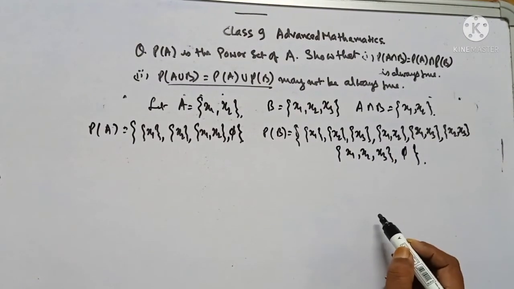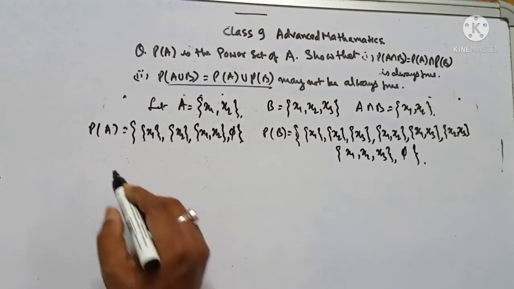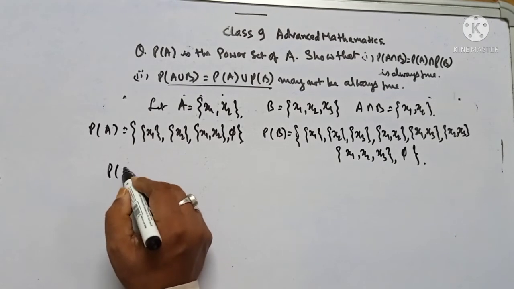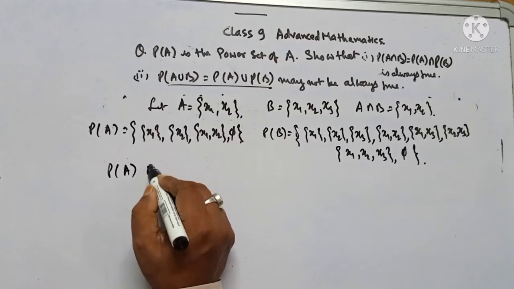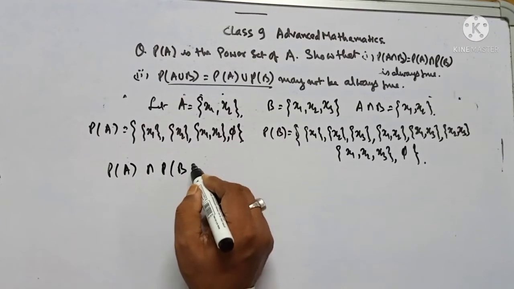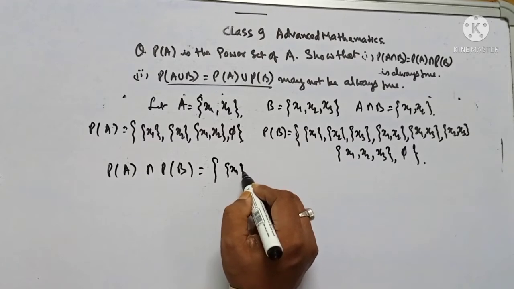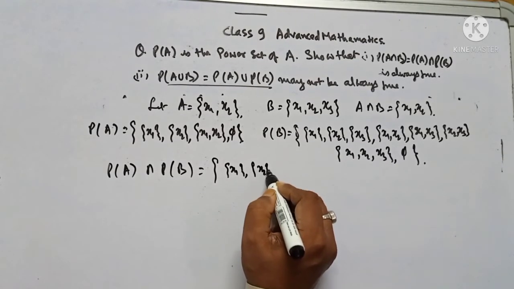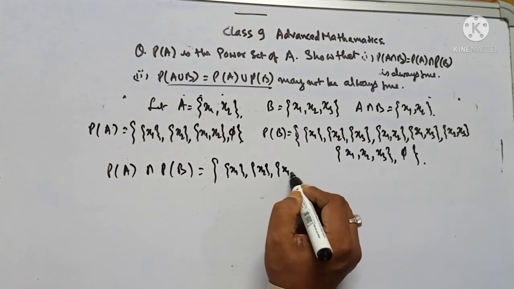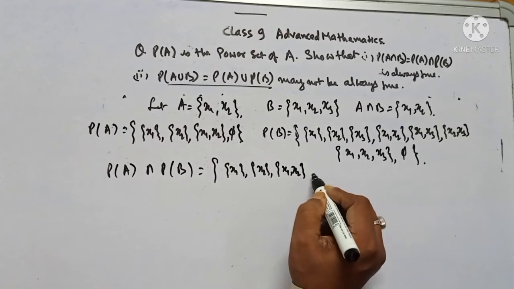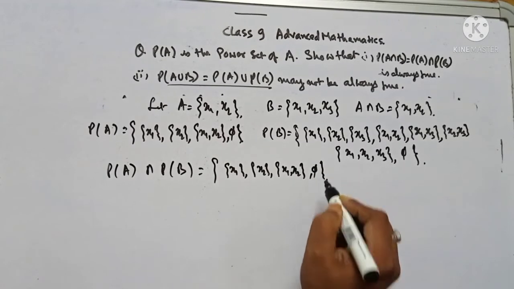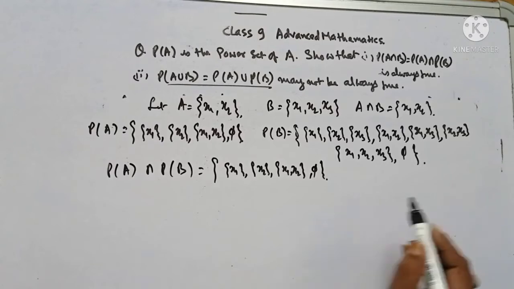It's correct. So now if we take P(A) ∩ P(B), then your common elements are {x1}, {x2}, {x1, x2} and phi. This is the common elements.